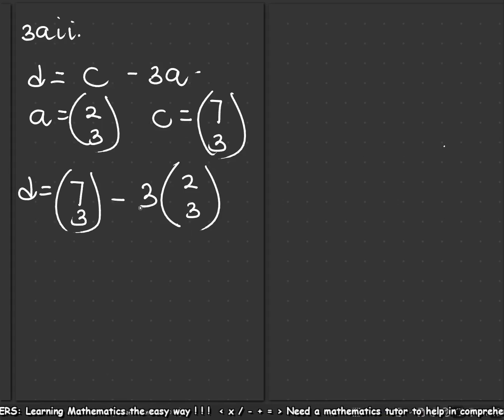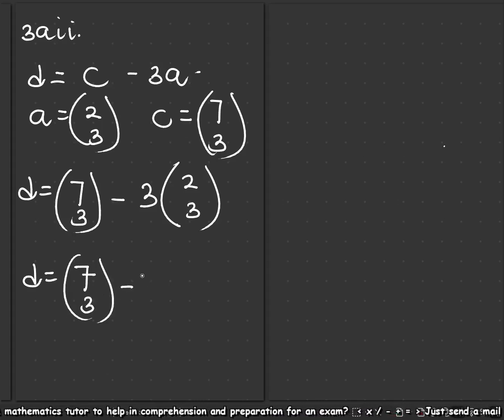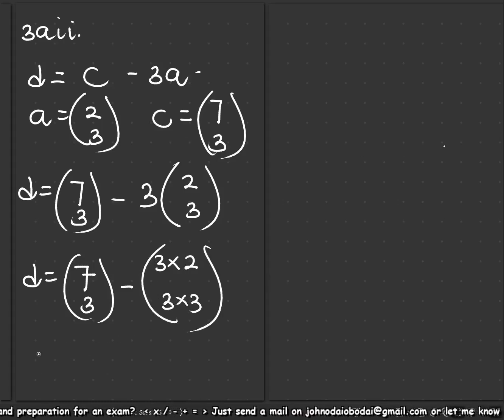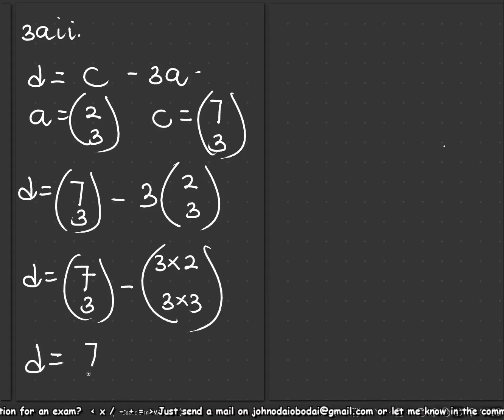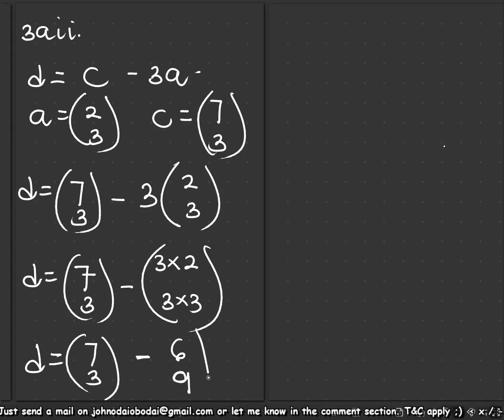Take note, when multiplying scalars by vectors, the scalar multiplies the x component and it also multiplies the y component. Hence, our d is going to be (7, 3) minus 3 times 2, and 3 times 3. So our d is equal to (7, 3) minus (6, 9), since 3 times 2 gives us 6 and 3 times 3 gives us 9.